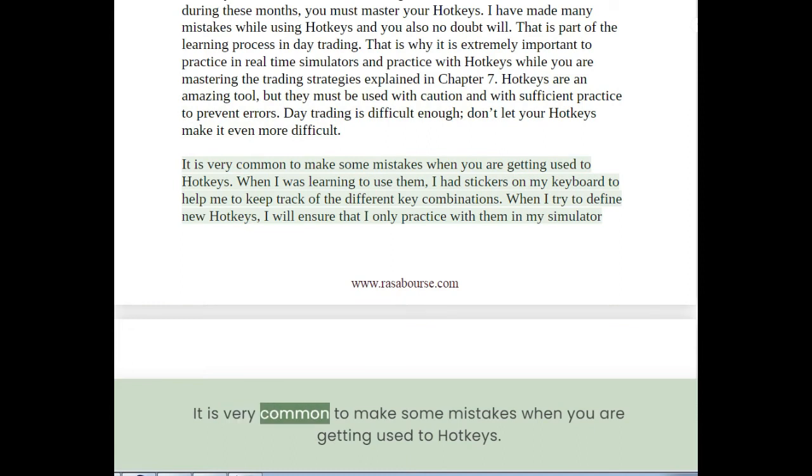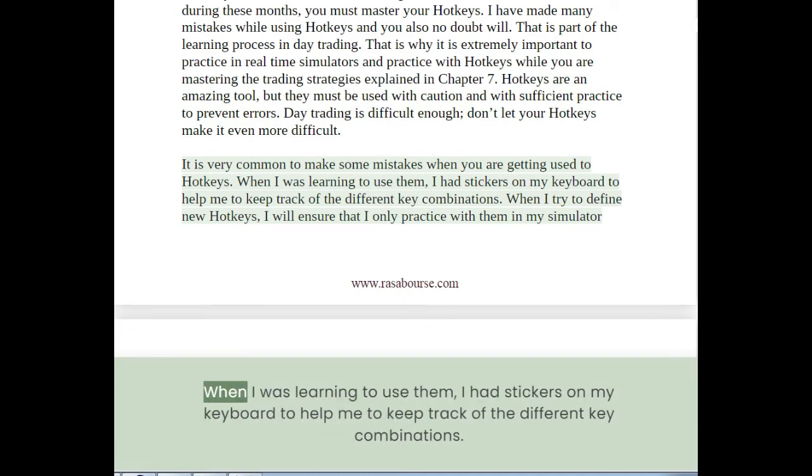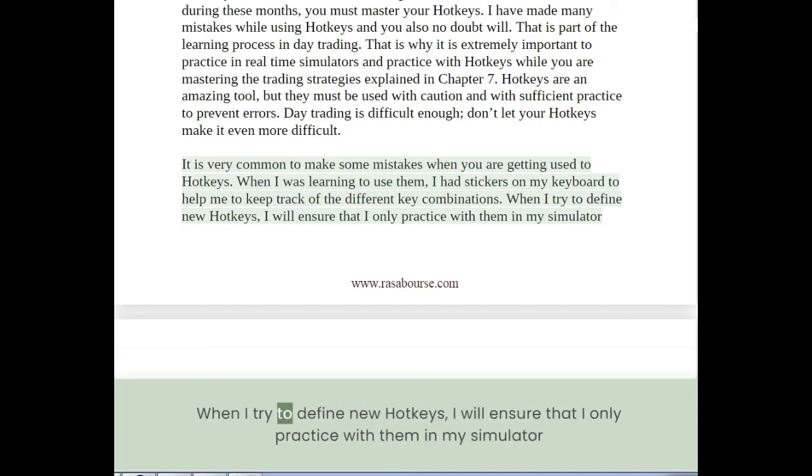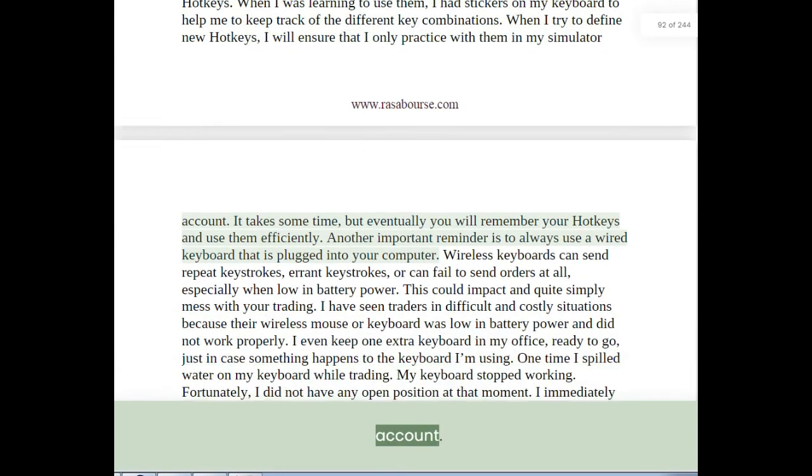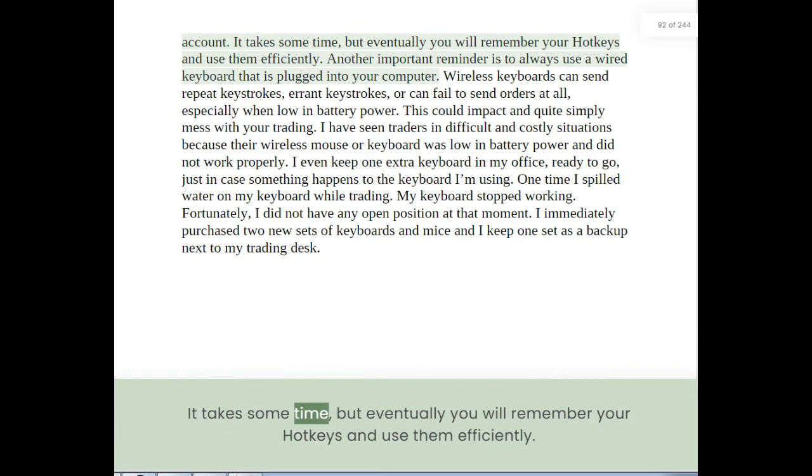It is very common to make some mistakes when you are getting used to hotkeys. When I was learning to use them, I had stickers on my keyboard to help me to keep track of the different key combinations. When I try to define new hotkeys, I will ensure that I only practice with them in my simulator account. It takes some time, but eventually you will remember your hotkeys and use them efficiently.